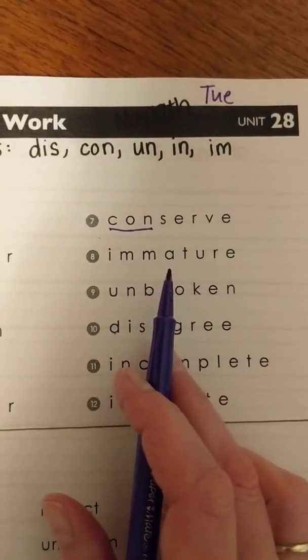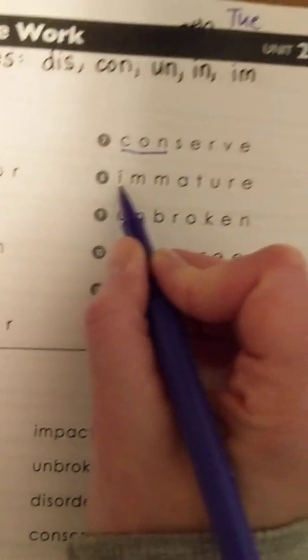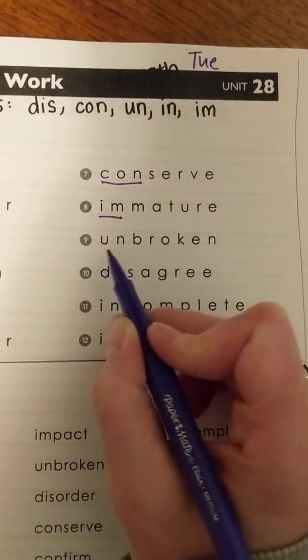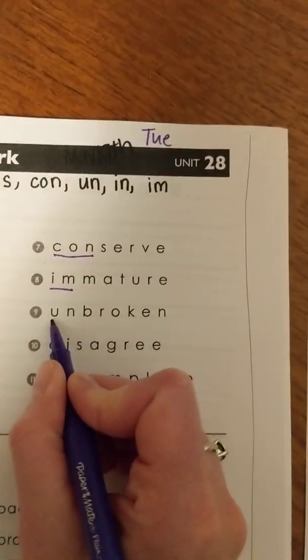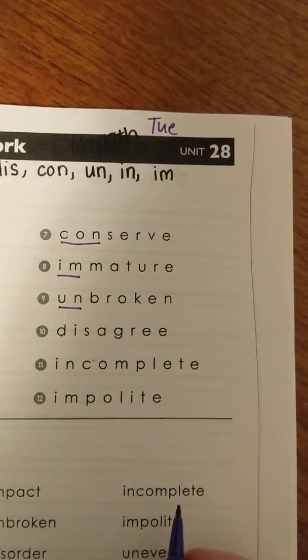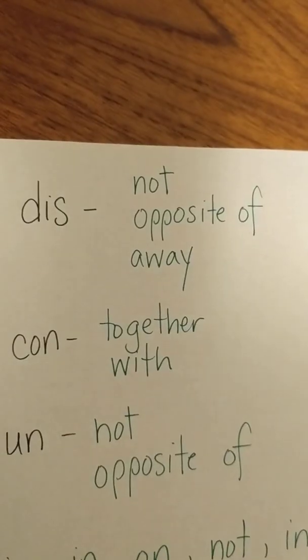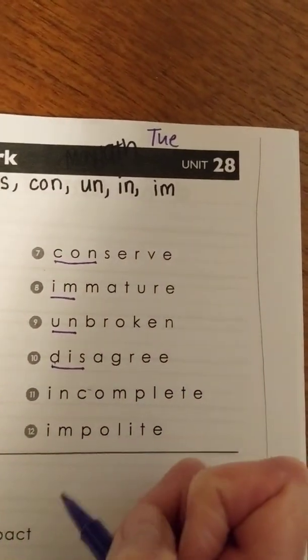Okay. Immature, we have that prefix im, which can mean not. So here, immature would mean somebody is not mature. Okay. Unbroken, if you remember, un means not or the opposite of. So unbroken would be not broken. Disagree. Dis means not. So if we disagree, we do not agree.